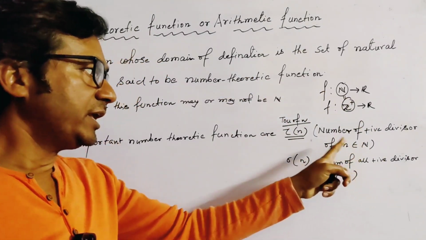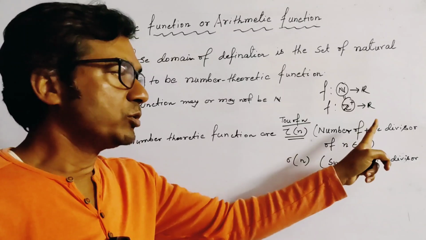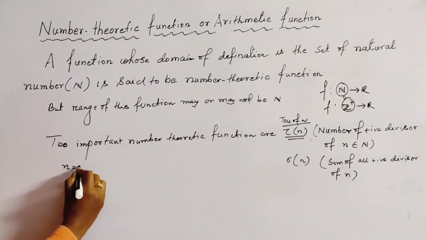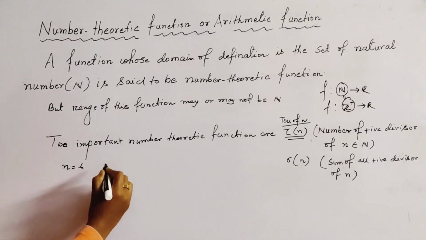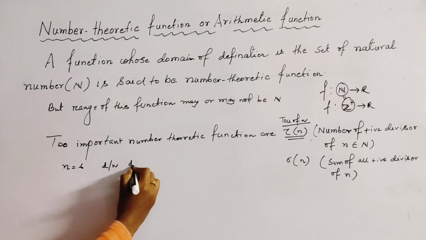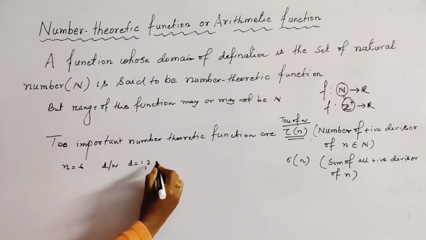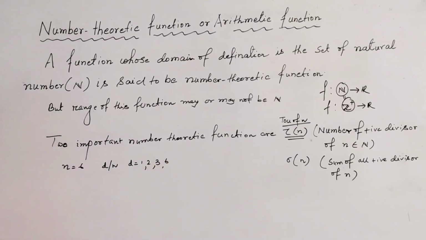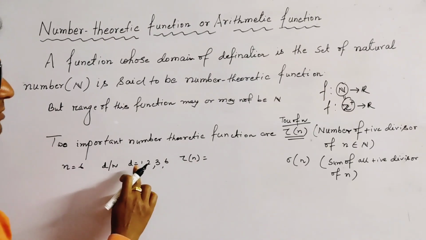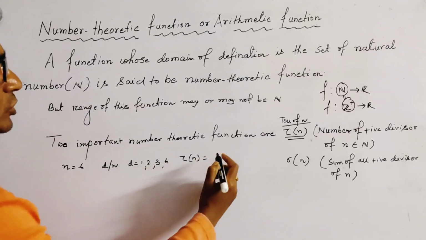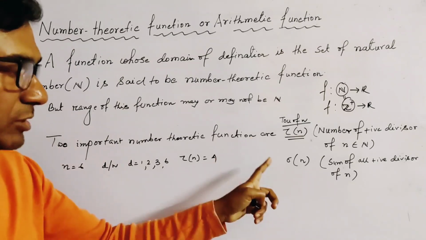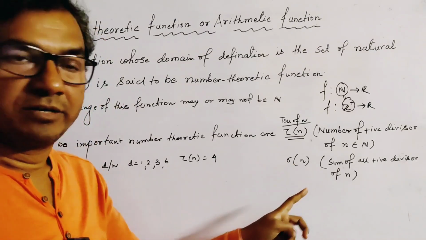Like if we take n equal to 6, then we know that the positive divisors d of n, d divides n, are d equal to 1, 2, 3 and 6. Hence tau of n, clearly the number of positive divisors is 1, 2, 3, 4, so this value is 4.